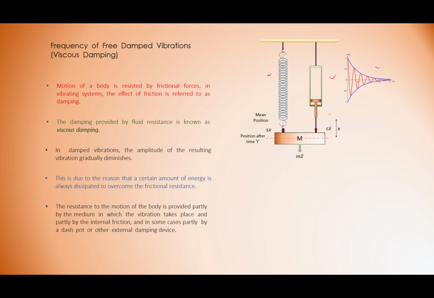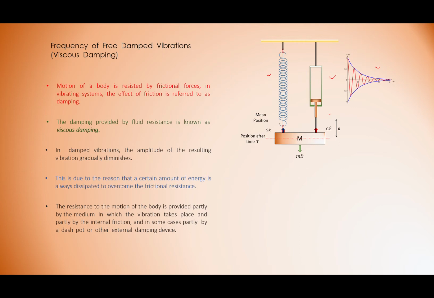Then the damping force for the damper is equal to the damping coefficient, written as C, which will be defined later, multiplied by the velocity of the piston within the cylinder. Then for the mass, you have the inertia force.